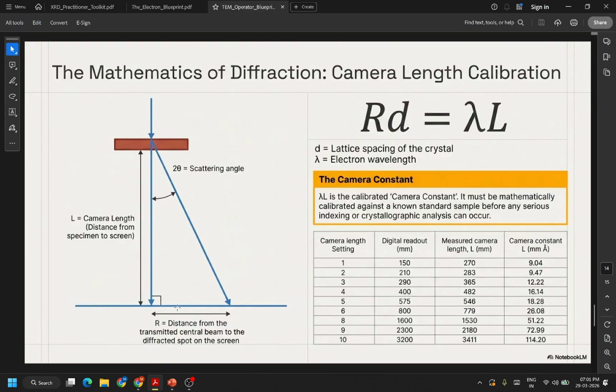It must be calibrated against a standard sample before any serious indexing or crystallographic analysis can occur. First you bring in a standard sample for which you already know the crystallographic parameters. You take its diffraction pattern and use that to calibrate your λL value. After that only can you bring in an unknown sample for analysis.